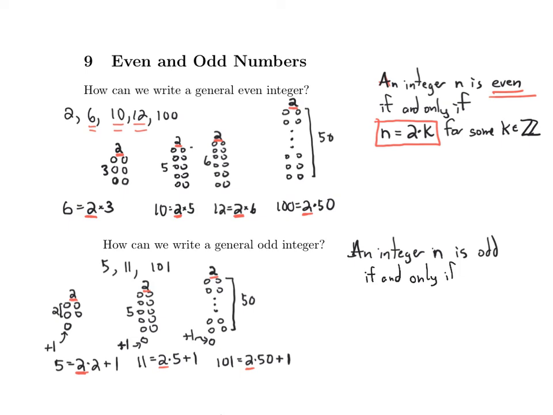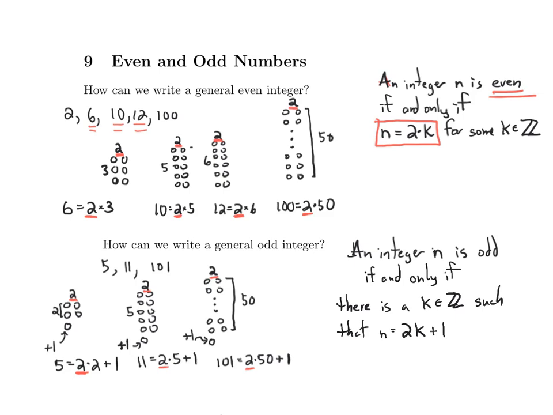But I'll write if and only if an integer n is odd, if and only if, and let me write it in terms of the existential quantifier a little more explicitly. So there exists, or there is, some integer k such that we can write n as 2 times k plus 1.